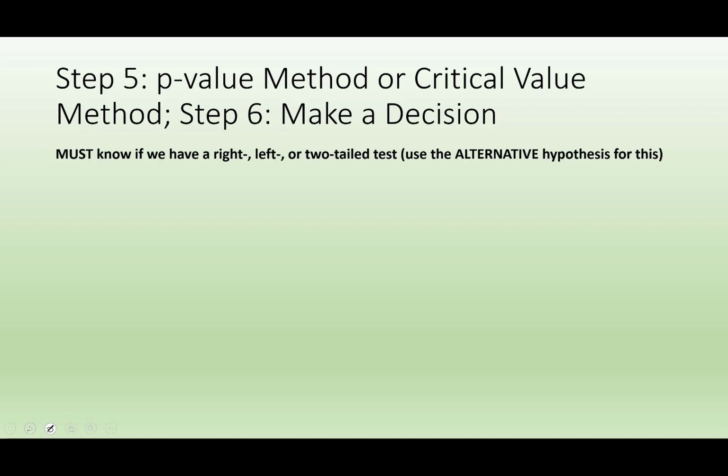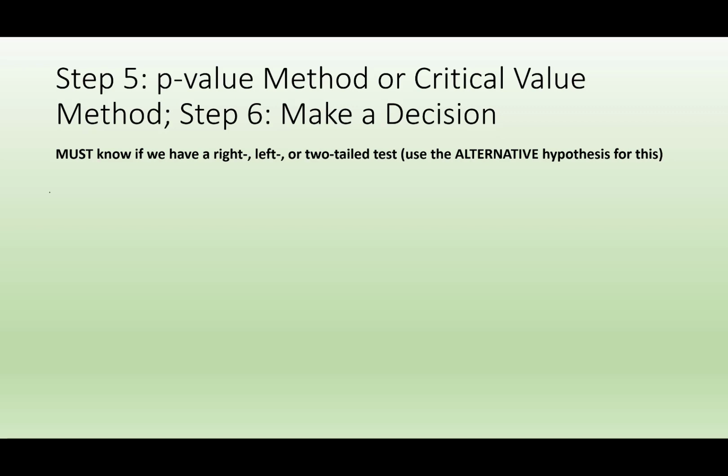Okay, now step 5. Here's where we have a little bit of divergence. We have two primary methods that we use for hypothesis testing. We have one method that's called the p-value method, and we have another one that's called the critical value method. No matter which of those two methods we use for step 5, once we do whichever method we pick, then we are ready to make our decision about the null hypothesis.